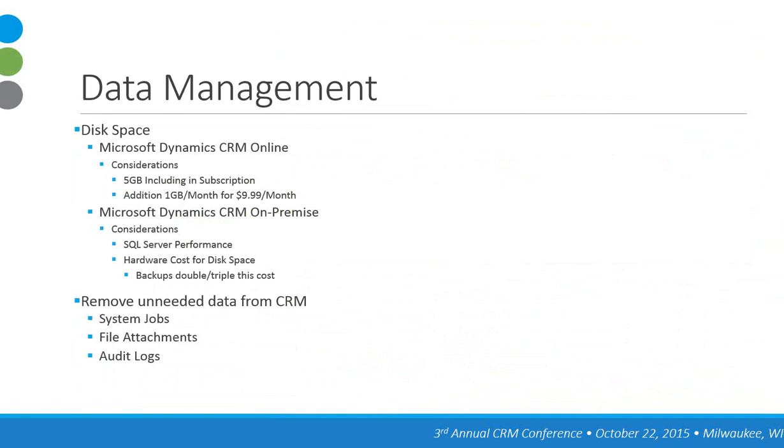And then for on-premise users, you usually have to consider your SQL server performance and then the cost of disk space, which can increase in a double or triple fashion when you take into account backups. So to remove some unneeded data to save that space, we'll talk about cleaning up some system jobs, file attachments, and audit logs, which are all primary offenders of using up the space.